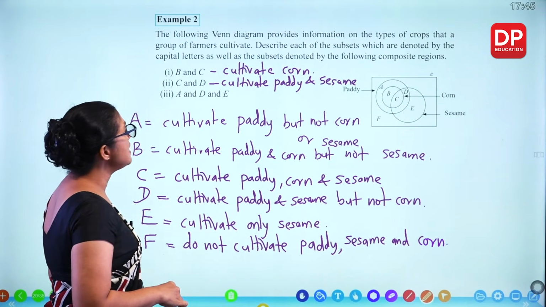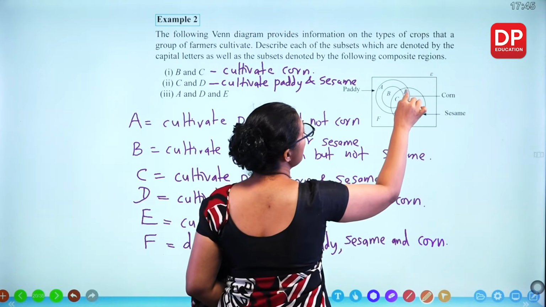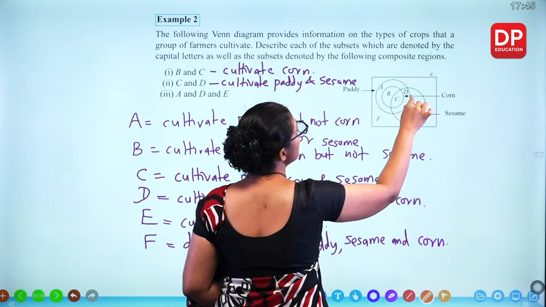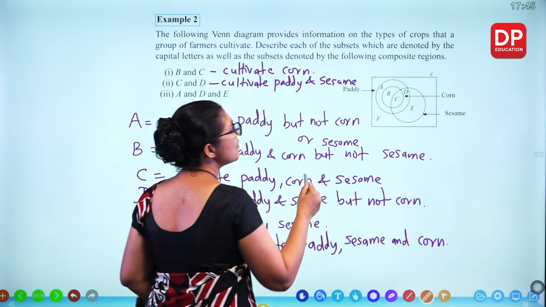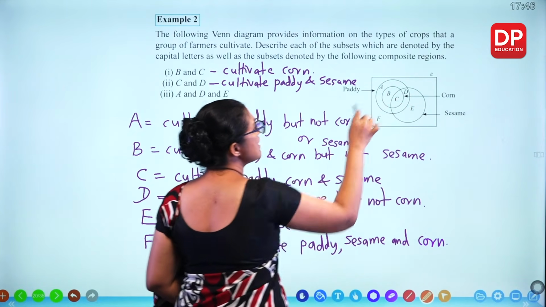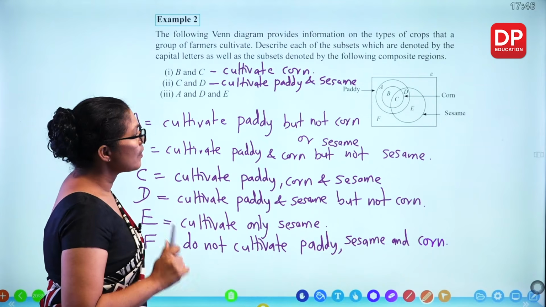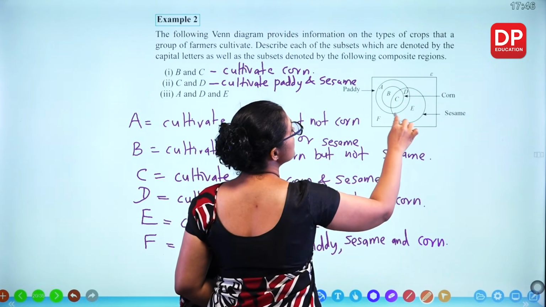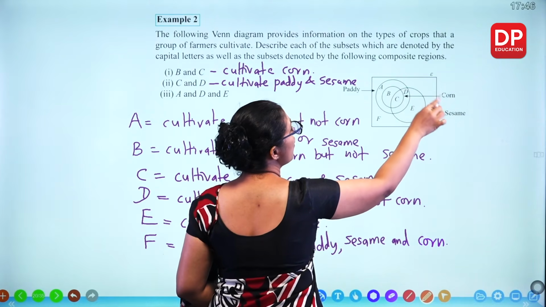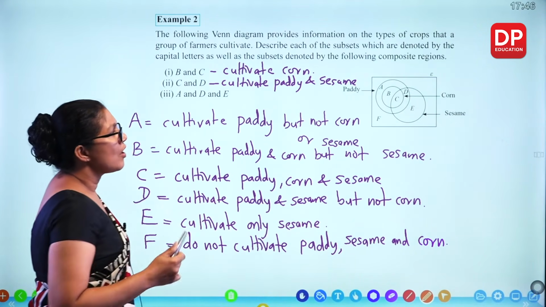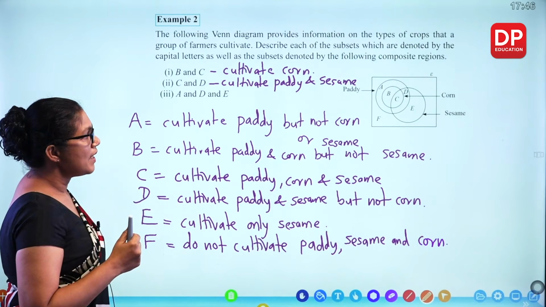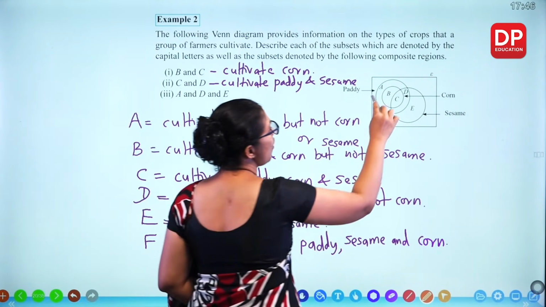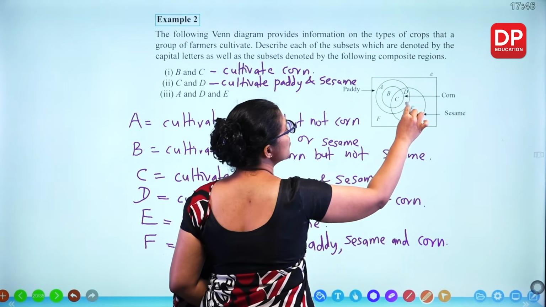Then A and D and E. A, D and E. So this one. So which region? A, not B, C. That means in paddy as well as sesame but not corn. So we can write at least one crop here, one or two or more.